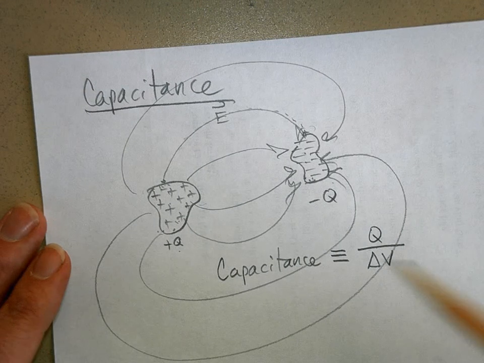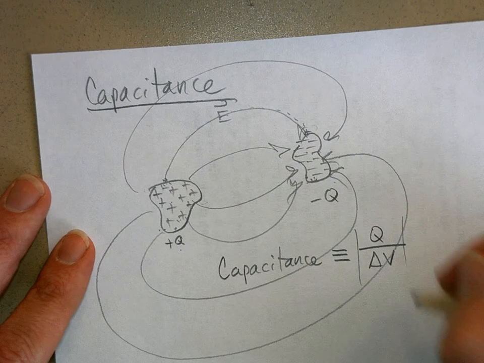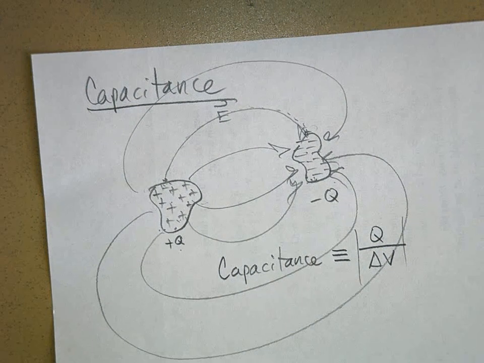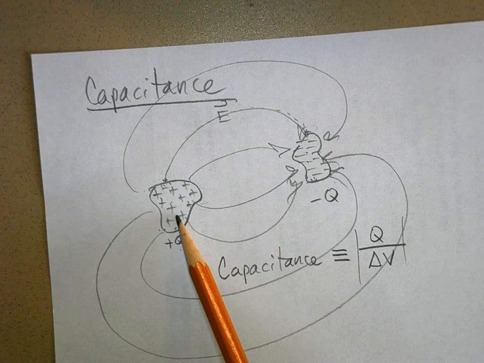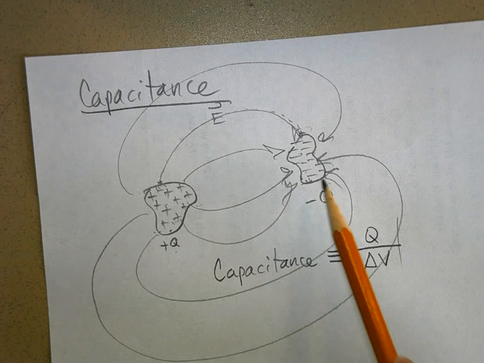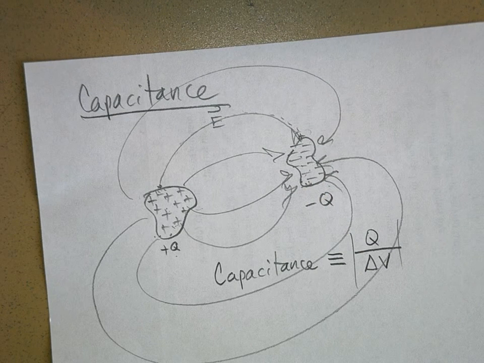And again, this is all regardless of sign. You can even put absolute value. There's no such thing as negative capacitance. It's just the charge on one side divided by the voltage difference to go from the negative to the positive side.